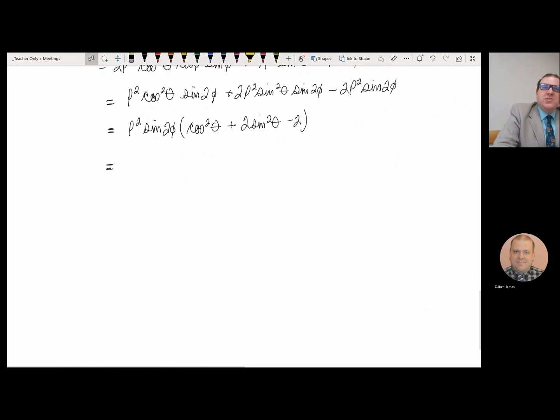Right, so here's what I saw. So yes, that would be valid. Here's what I saw. 2 sine squared minus 2 is negative 2 cosine squared. Right? Cosine squared is 1 minus sine squared. So that would mean sine squared minus 1 is negative cosine squared.